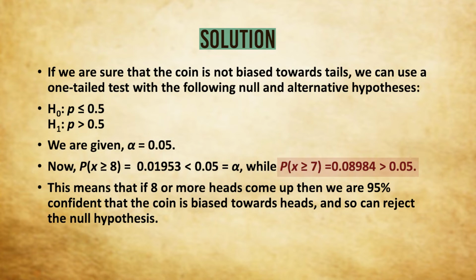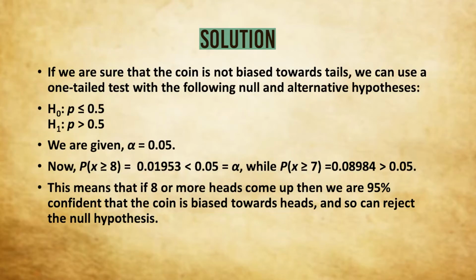So that means, out of 9 tosses, if we get 8 or more heads, then the p-value is less than the level of significance. That means at that time we will be rejecting the null hypothesis. But if we calculate probability x greater than equal to 7, then the p-value is more than alpha, so we accept the null hypothesis.